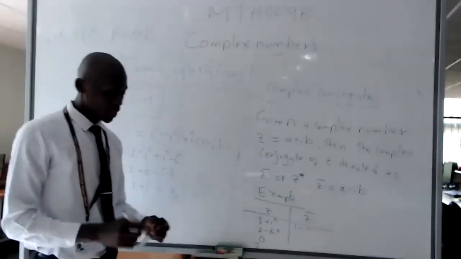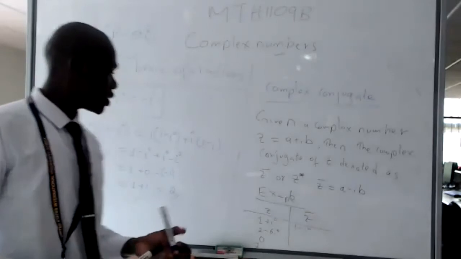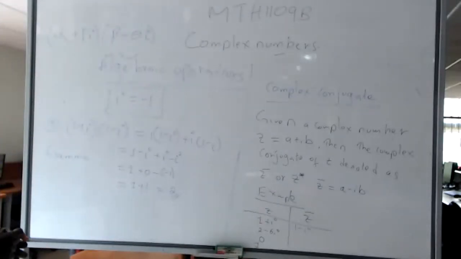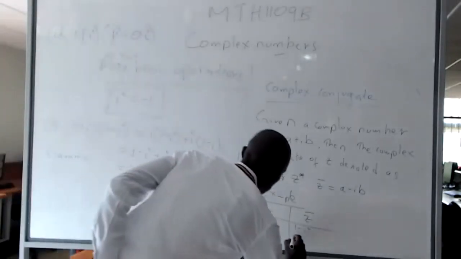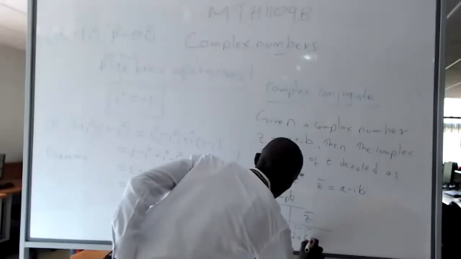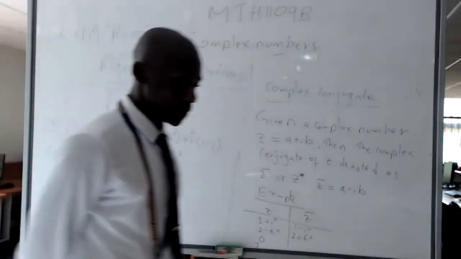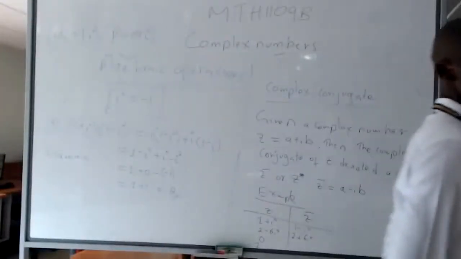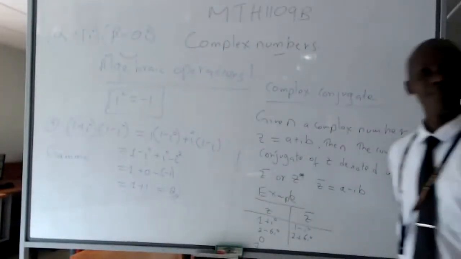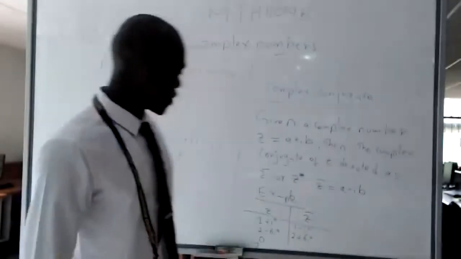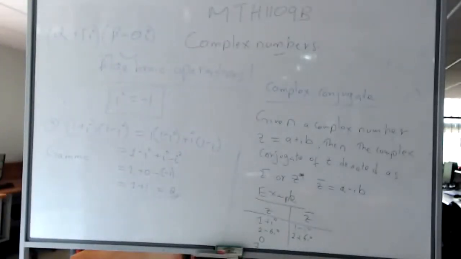How about 2 minus 6i? What's the complex conjugate? 2 plus 6i. Good. 2 plus 6i. How about 0? 0. Reason? Why would you say 0? There is no imaginary part.